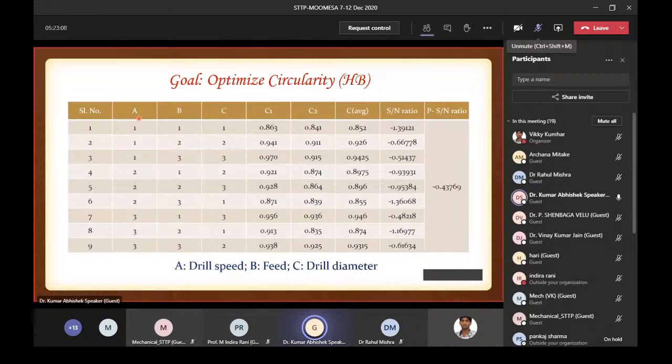Suppose this is the formula for circularity, and the circularity we have considered here as the higher-is-the-better value.